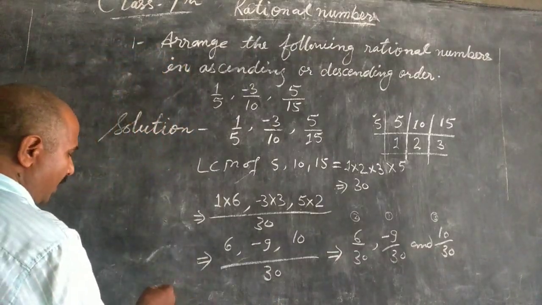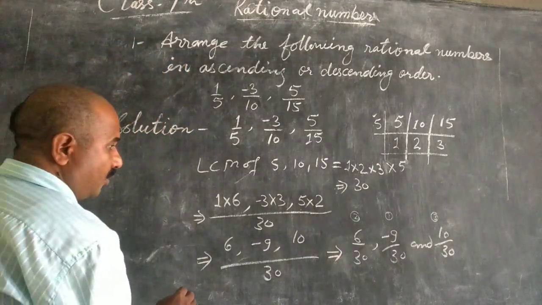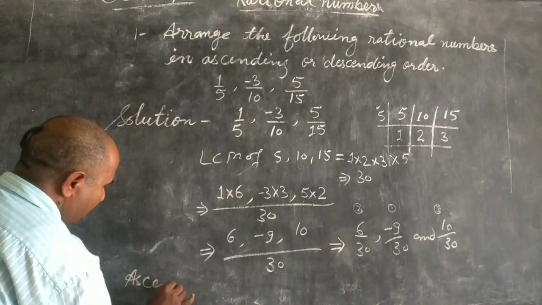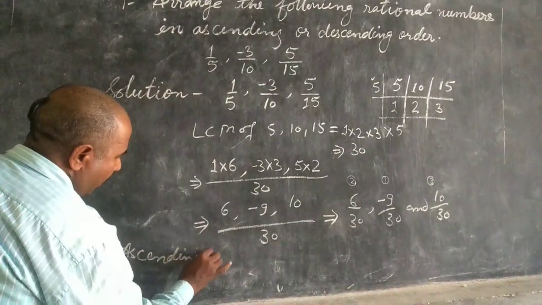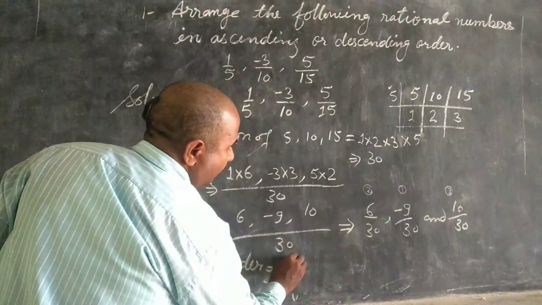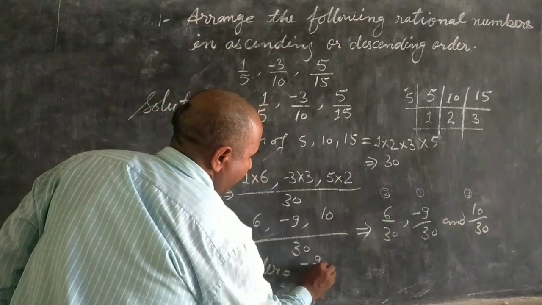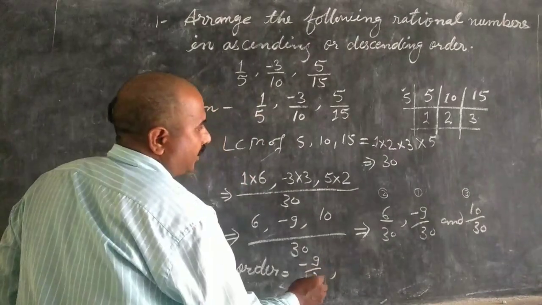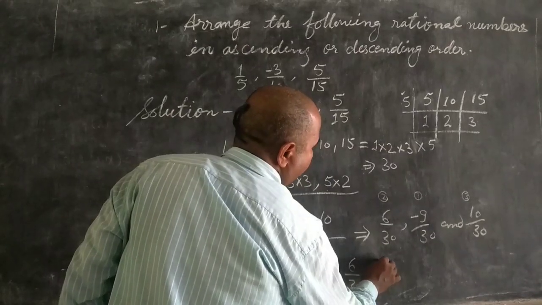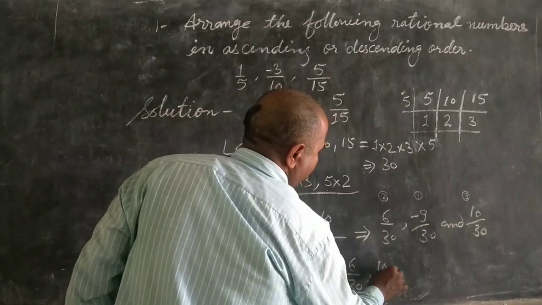So when you arrange in ascending order, you write the smallest one, minus 9 by 30, after that 6 by 30 and at last 10 by 30.